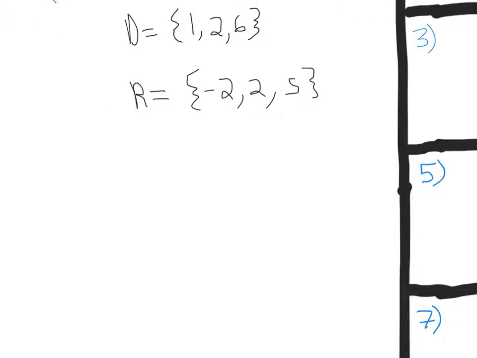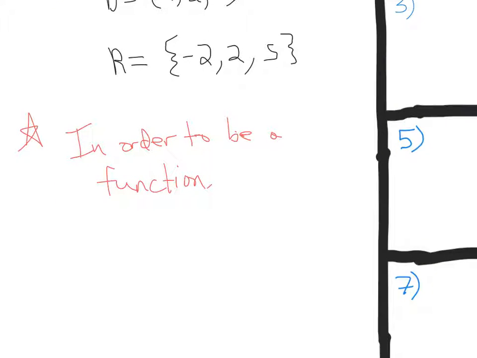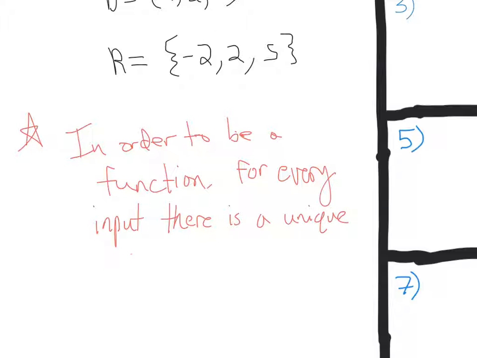Remember a special rule from class today: in order to be a function, there was a special property, and that property is that for every input there is a unique output.